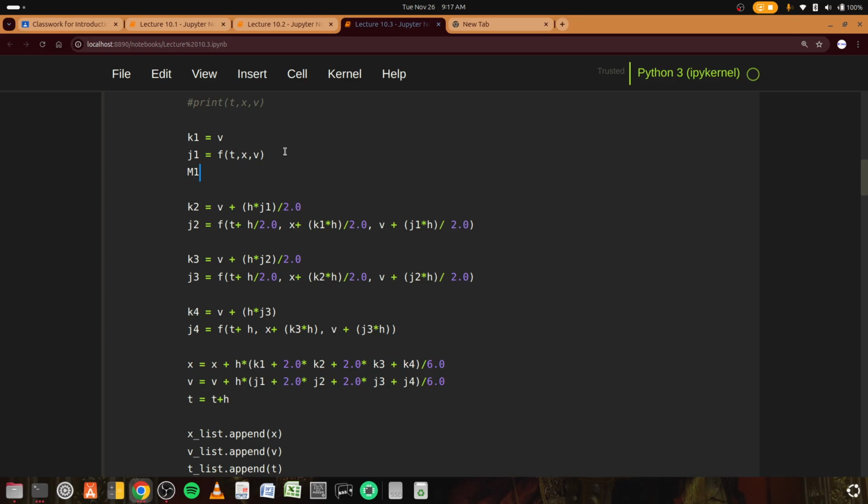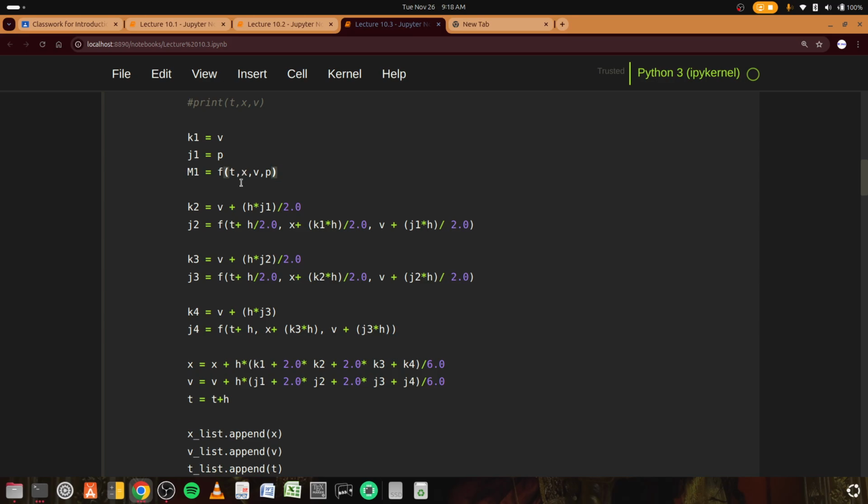So what will be m1? If there is a third order differential equation, suppose this is v, and suppose this j1 will be some other constant, suppose p, then this m1 will be f of t, x, this v and p.